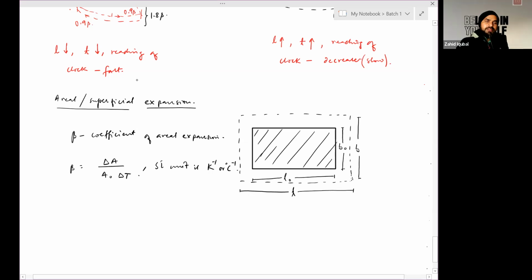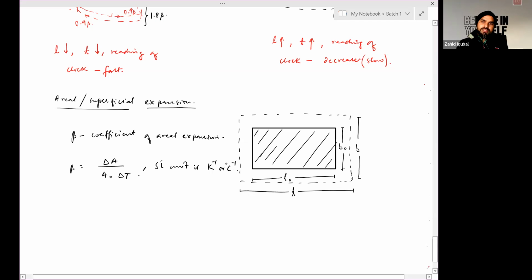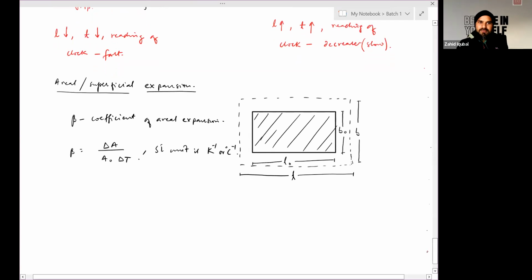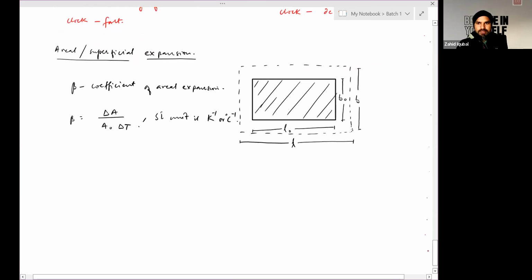So related to this expression, you may define beta as the ratio of the fractional change in area to the change in temperature.